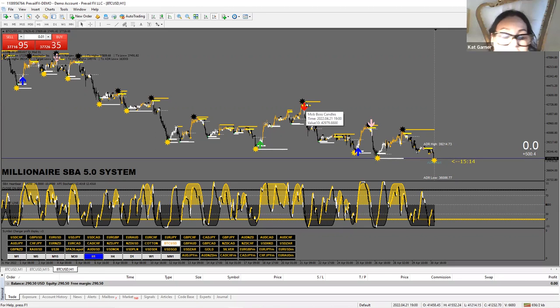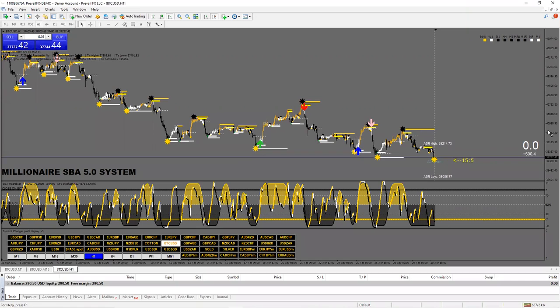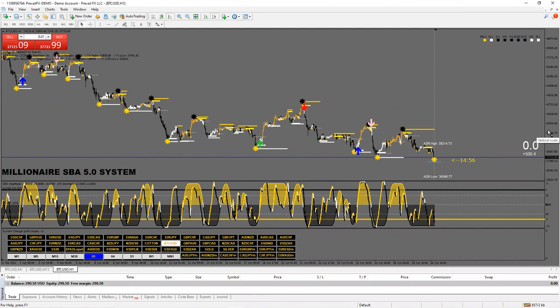But is it possible that that would be a game they play to get you to fall for it, to buy it? It's not only possible, it's most likely the case. Because what these institutions and banks want to do is catch the average retail trader, who has no experience and no idea where the market is going.